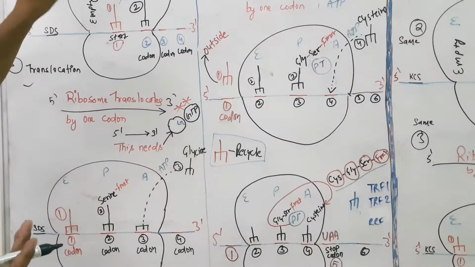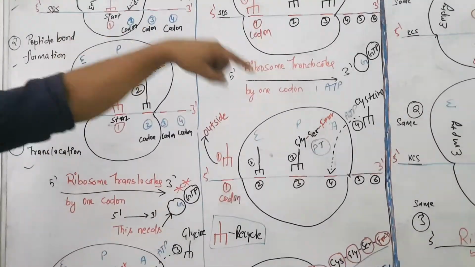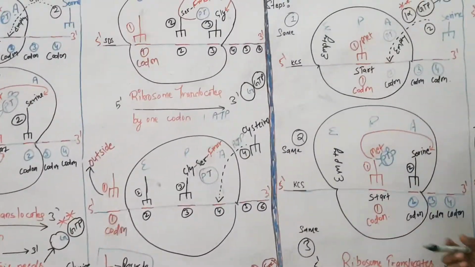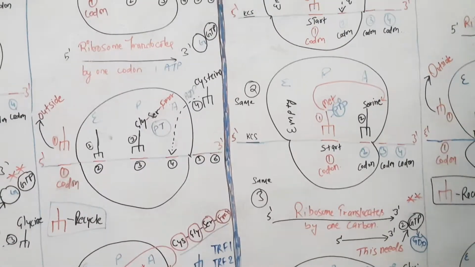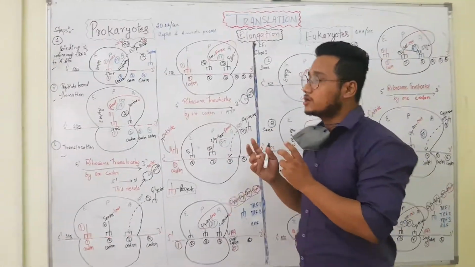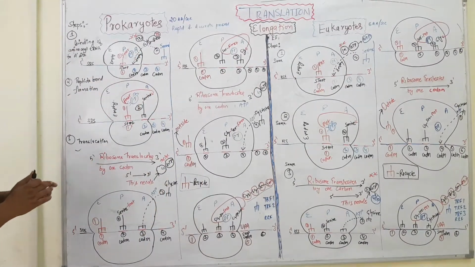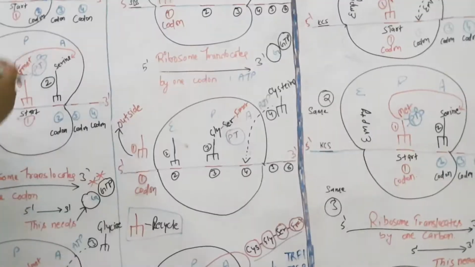In fact, the elongation factors like EF-Tu, EF-Ts, and EF-G, as well as the elongation factors in eukaryotes like EF-1 alpha and EF-2, are all GTPase proteins. That means all of them carry GTP.